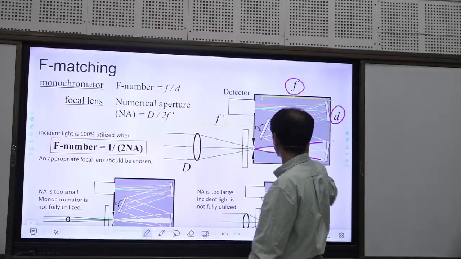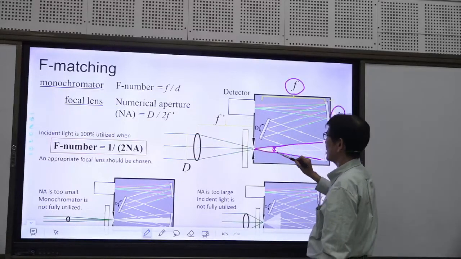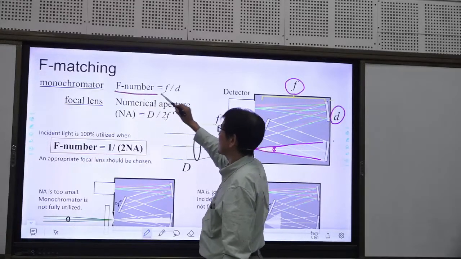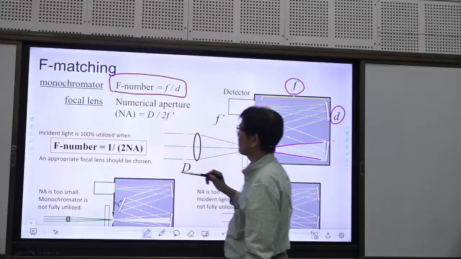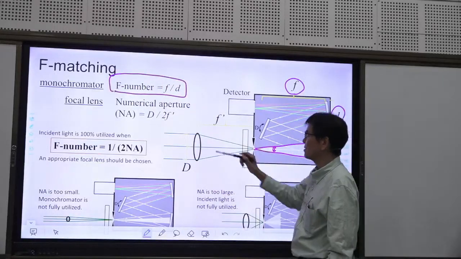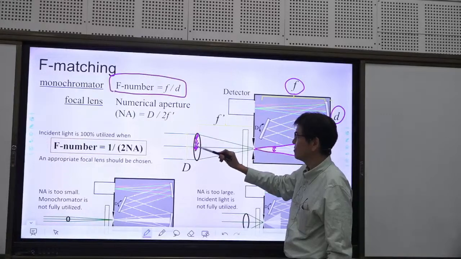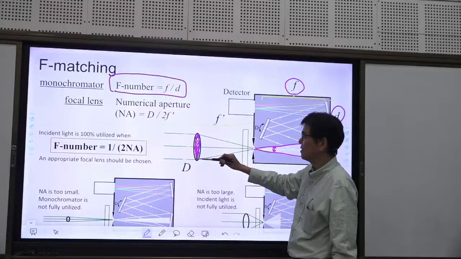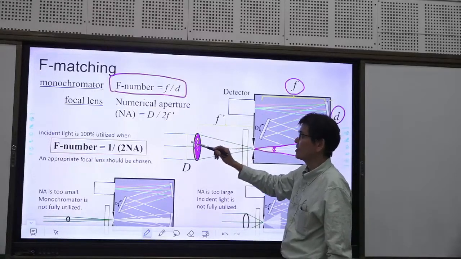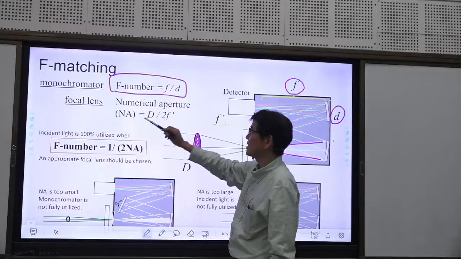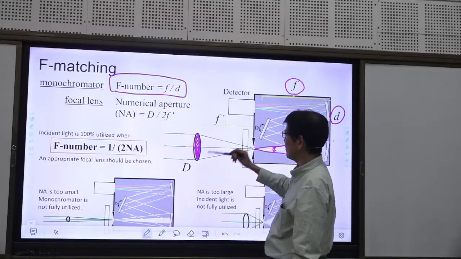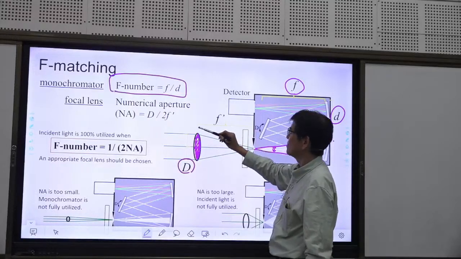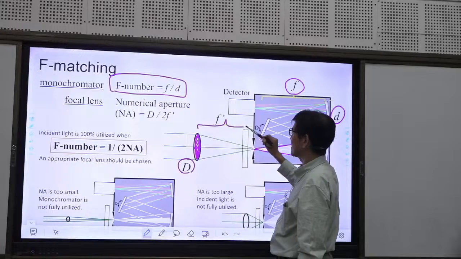So the angle parameter related to this angle is given as the f number, f over d. On the other hand, the spec of the focal length is defined by the numerical aperture NA equal to diameter d over 2 by focal length.